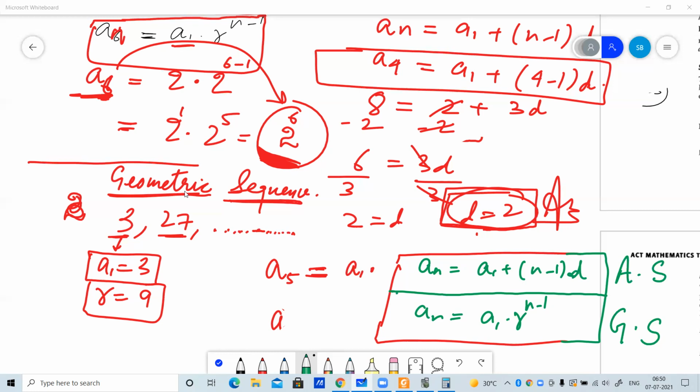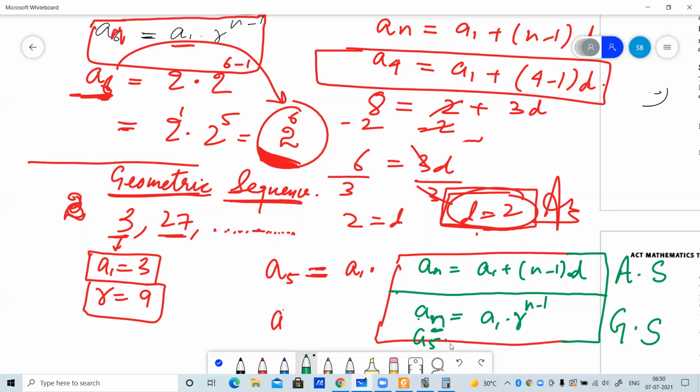It says an, right? Nth term, ninth term, 10th term, nth term. An is equal to a1 times r to the n minus 1. So we are interested in a5, that's the fifth term. So n will be 5.